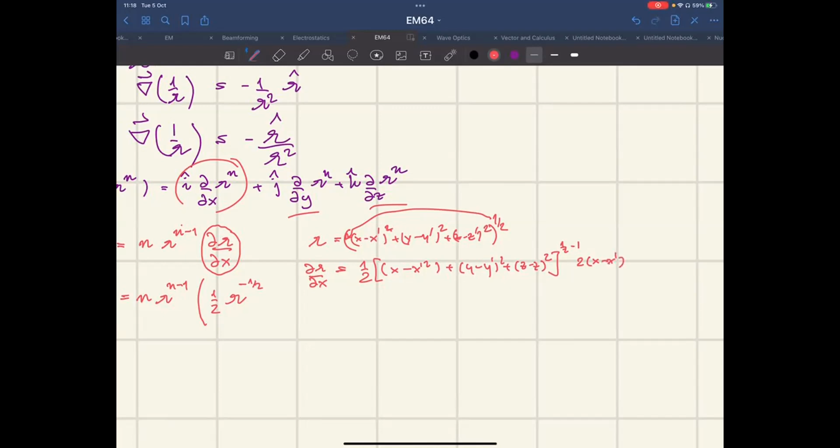This term becomes 1/2, and what's inside is minus 1/2 and 2x minus x prime, and it becomes 1/2, 1 over this term here. And this term is equal to r here.